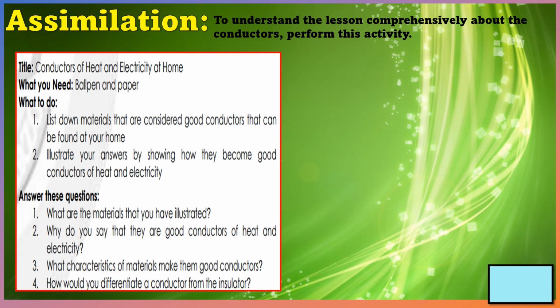And 2, illustrate your answers by showing how they become good conductors of heat and electricity. And then afterwards, answer the following questions. Number 1, what are the materials that you have listed? Number 2, why do you say that they are good conductors of heat and electricity? Number 3, what characteristics of materials make them good conductors? And number 4, how would you differentiate conductor from the insulator?